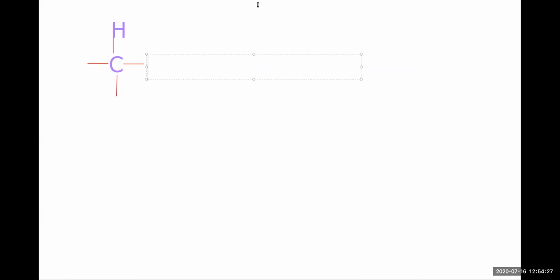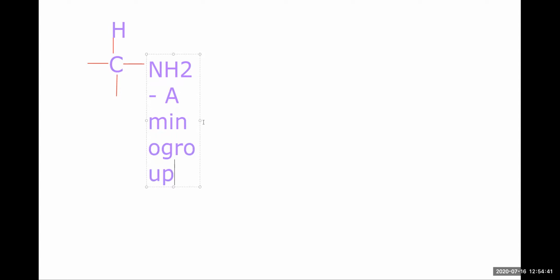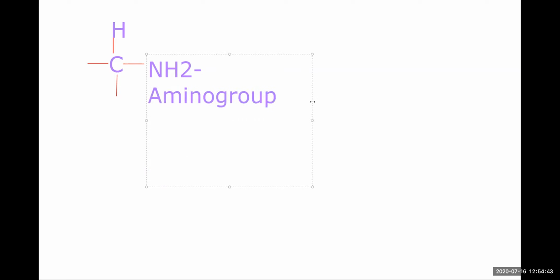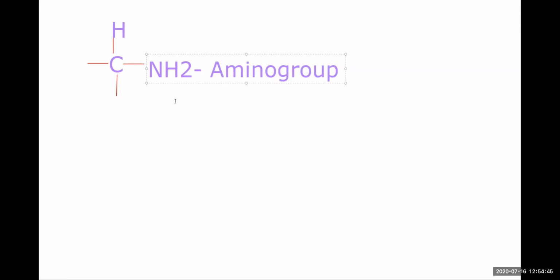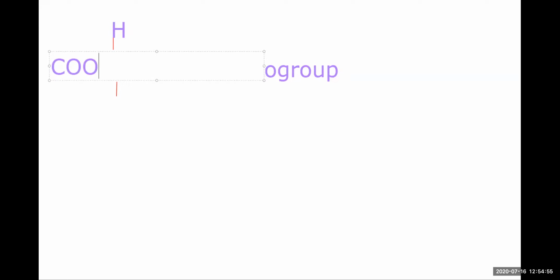The second bond is NH2. NH2 is referred to as the amino group. The third is called COOH.